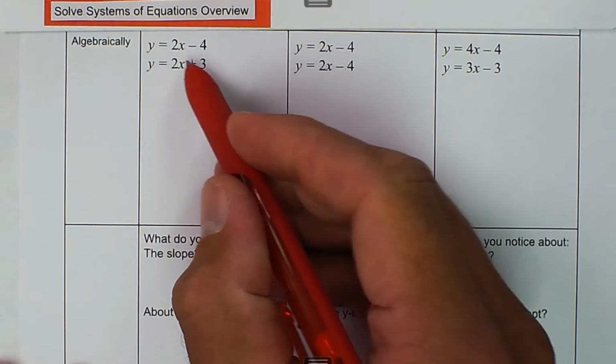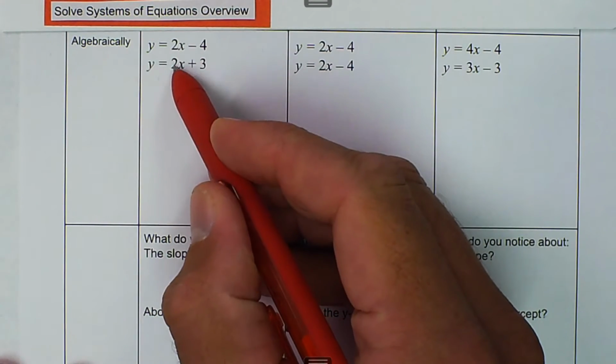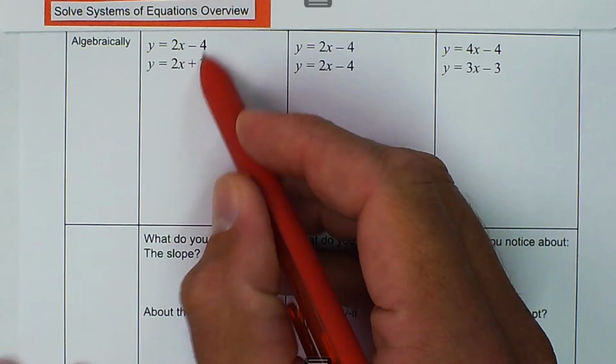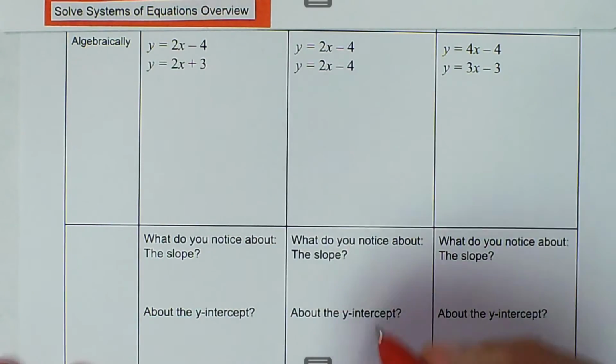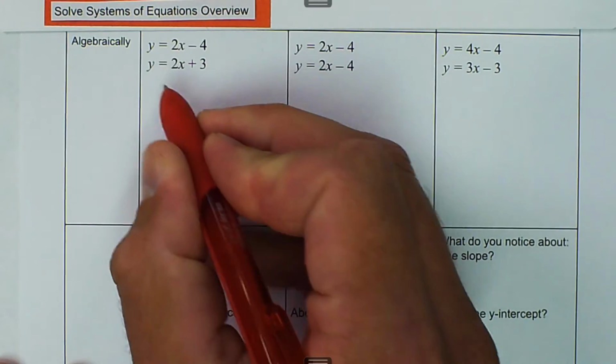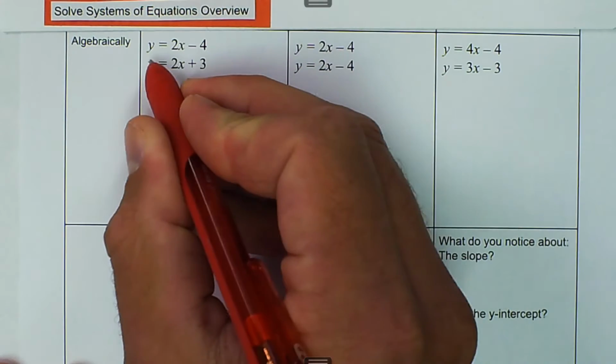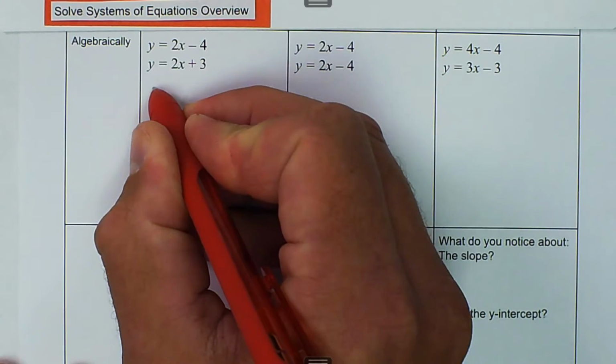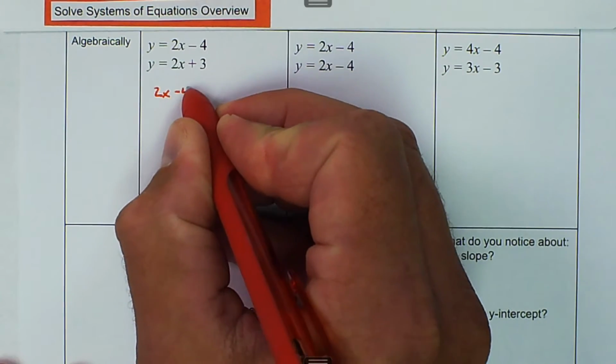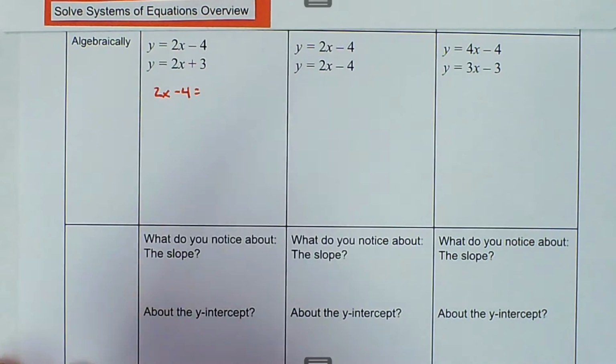And as we can see in this one, we have the same slope. Both the slopes are equal to 2, but we have different y-intercepts. So in this case, we can use substitution because they're both equal to y. So we can say 2x minus 4 is equal to 2x plus 3.